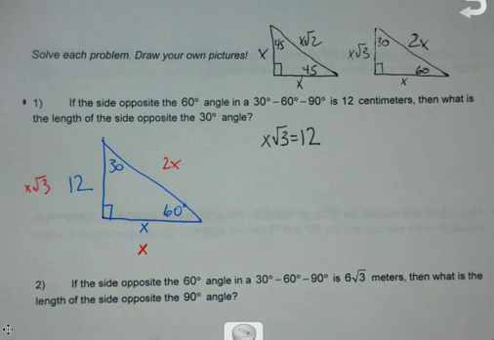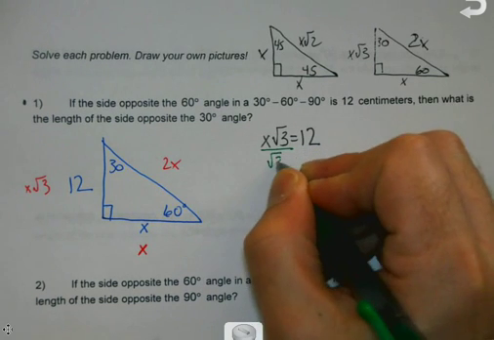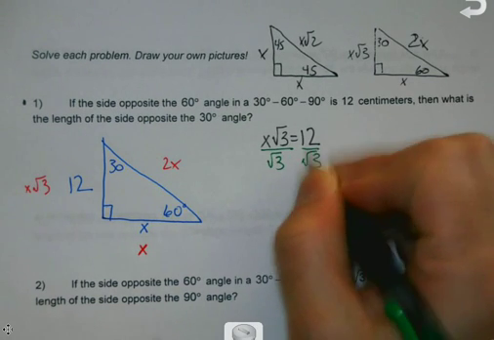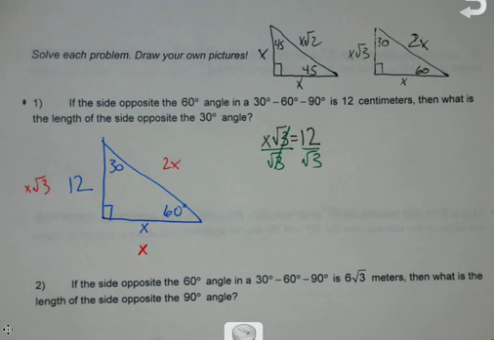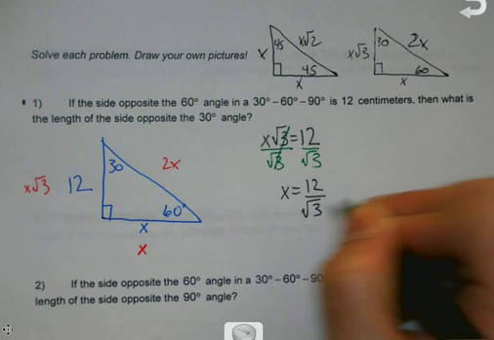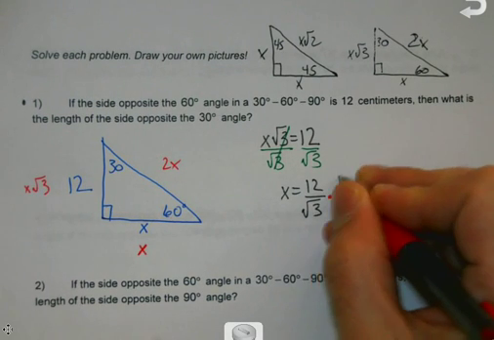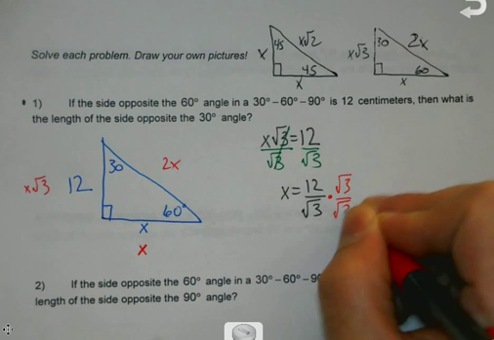x square root of 3 equals 12. So I go ahead and I solve this for x. Now remember, I can't leave a radical in the denominator. That's not allowed. So I go ahead, I get this situated, I rationalize my denominator.